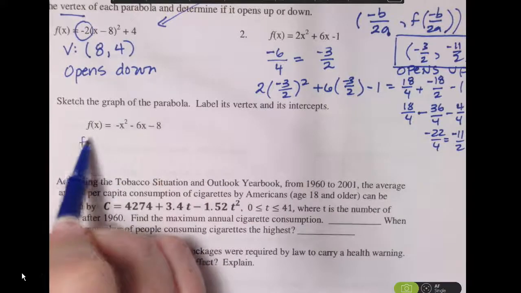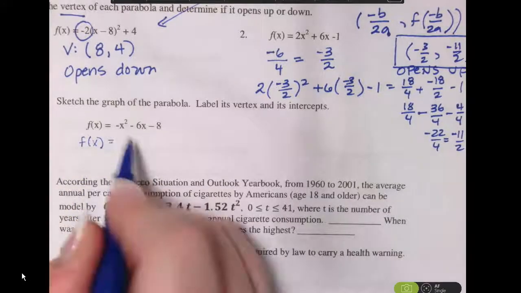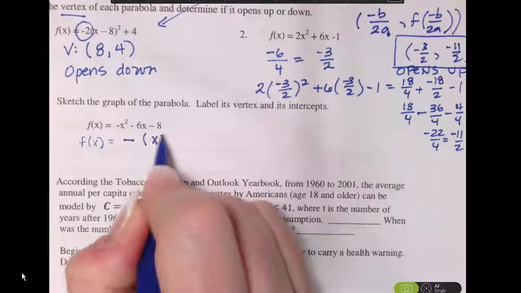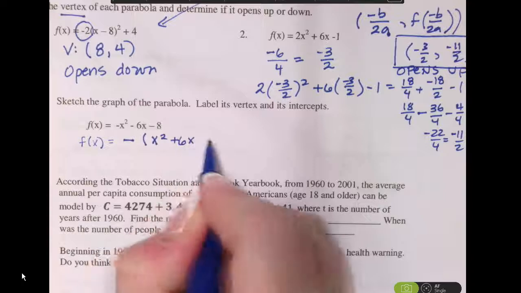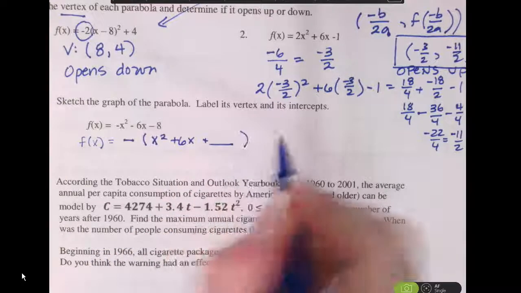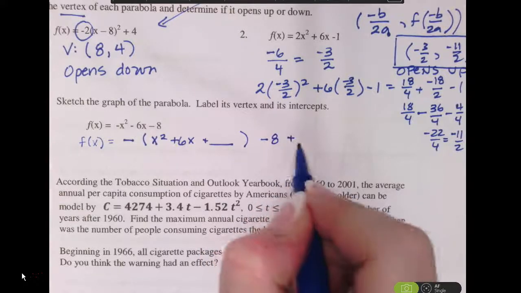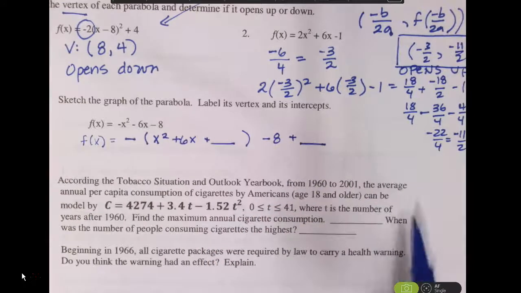So I am going to pull out a negative, x squared plus 6x, and then I'm going to leave a blank, and then I didn't pull a negative out of my 8. So I've got 2 blanks there.